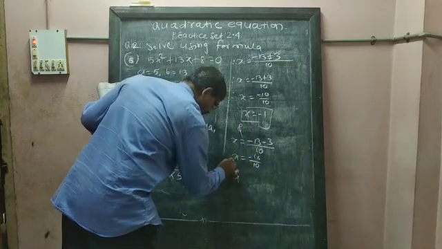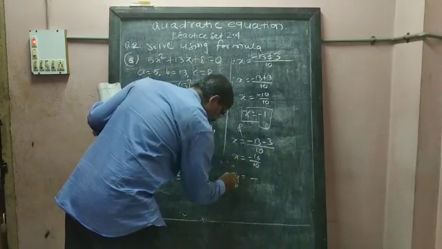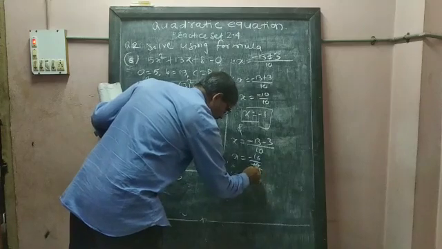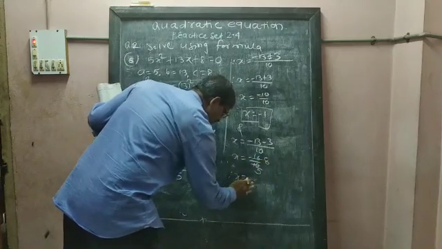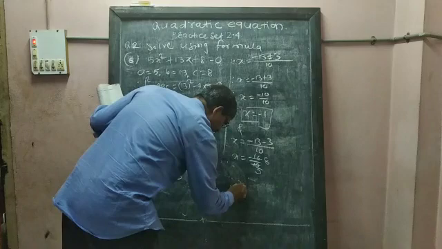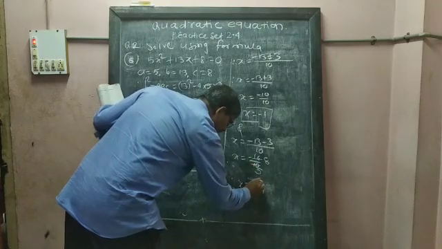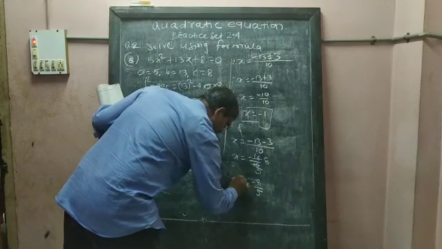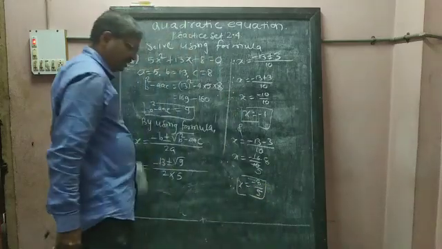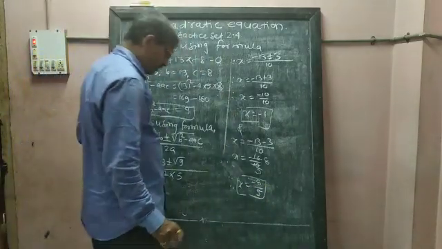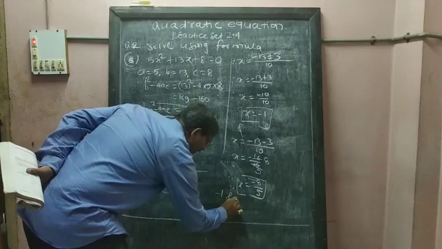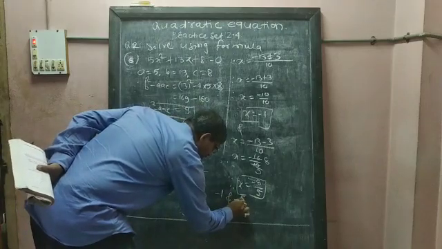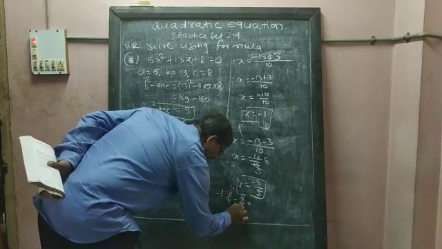What will you get? Write in reduced form. 2 8s are 16, 2 5s are 10, and thus x is equal to minus 8 upon 5. Therefore, minus 1 and minus 8 upon 5 are the roots.